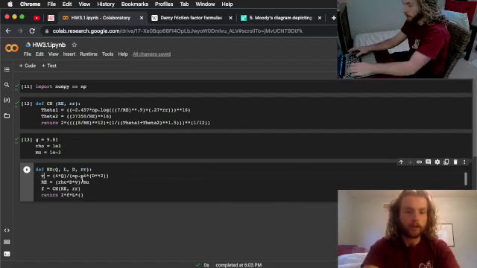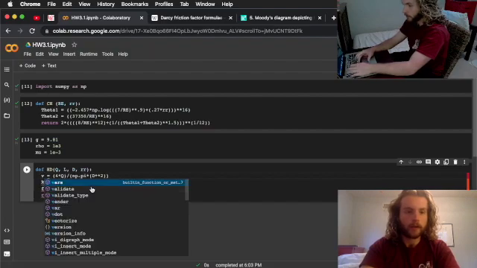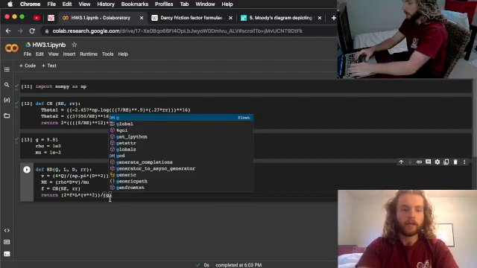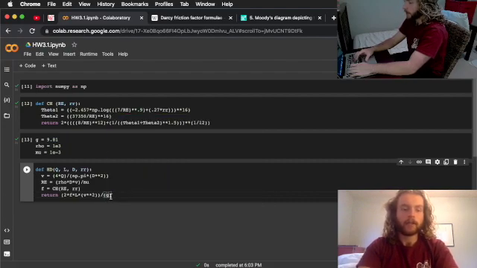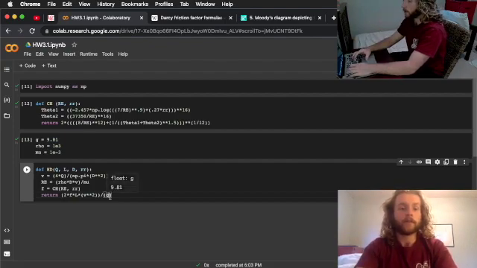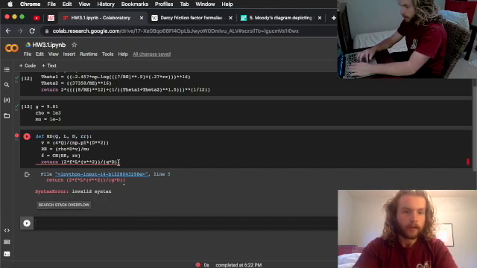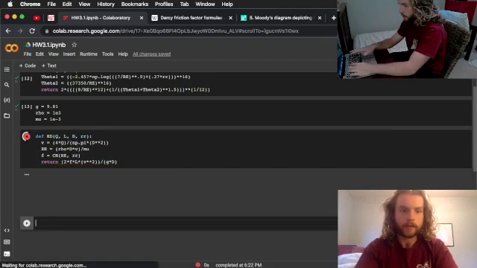Not sure if this is an uppercase or lowercase, so we'll just go ahead and make it a lowercase again just to be safe. V squared. Alright, and then this is all in the numerator here. And then this was all over our acceleration due to gravity. Once again, so we could get the units into meters and divide everything on both sides of the equation by g. And then this was multiplied by the diameter of the pipe. There we go. That should be our function right there. Invalid syntax.